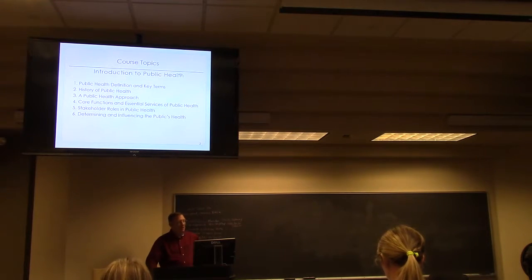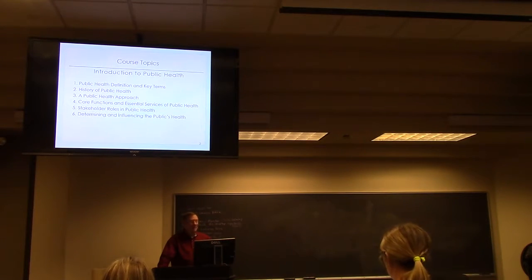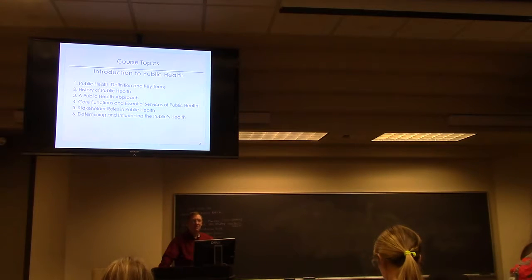There are 6 big areas that we're going to look at in public health as an introduction to it. One is just what is it by definition, and some of the key terms, things that you see. Then we'll look a little bit at the history of public health. How did it come about? It's actually kind of interesting how it has come about. We'll look at the public health approach. How do practitioners within the public health arena deal with problems that come their way?